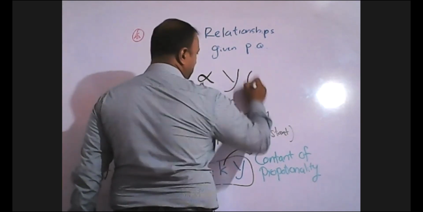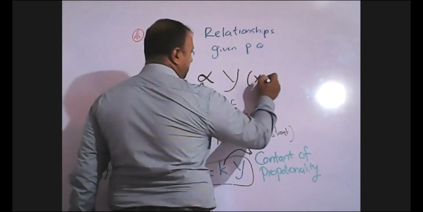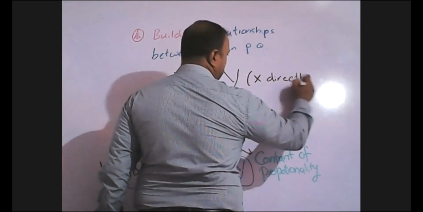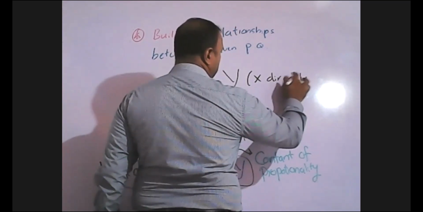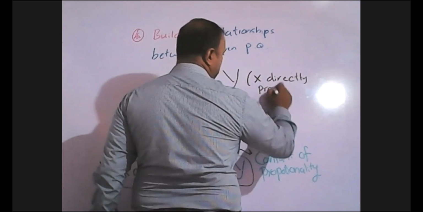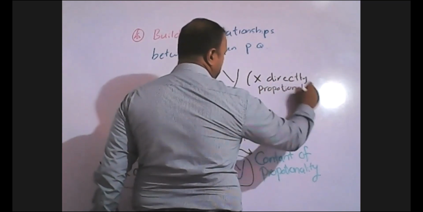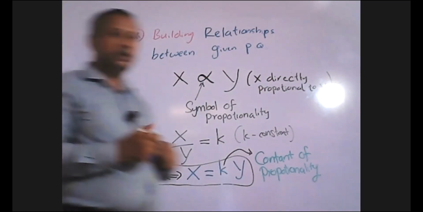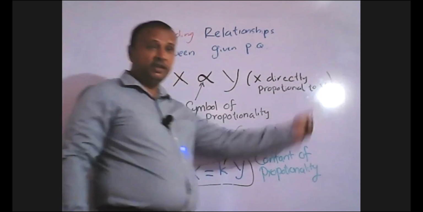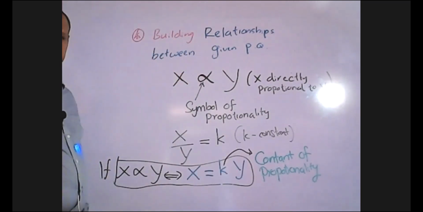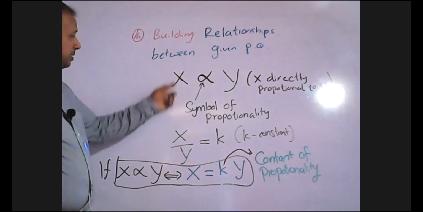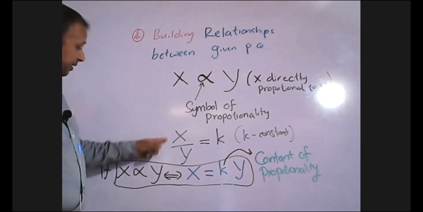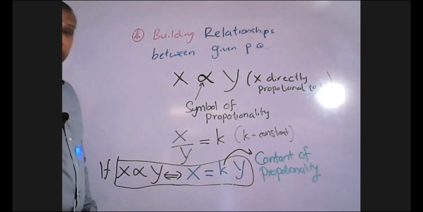X directly proportional to y. The meaning of this is x is directly proportional to y. This is the symbol of proportionality. So we can write this one as a ratio.